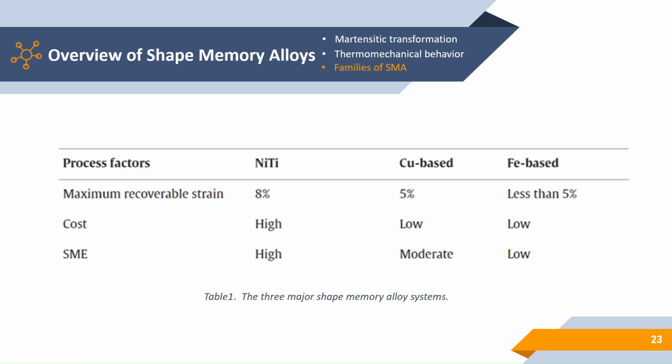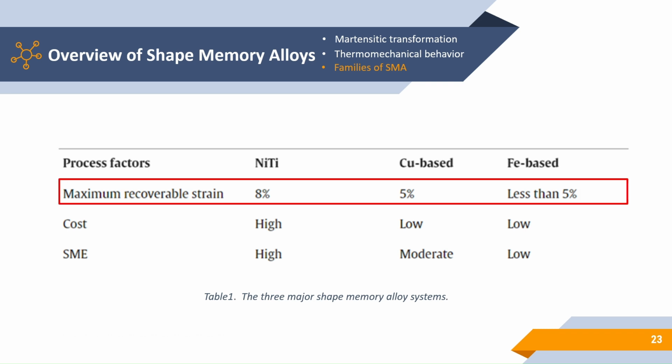Now, if we make a brief comparison, in terms of maximum recoverable strain, nickel-titanium offers the highest at 8%, followed by copper-based with a moderate 5%, while ferrous-based shape memory alloys offer a lower maximum recoverable strain, typically less than 5%.